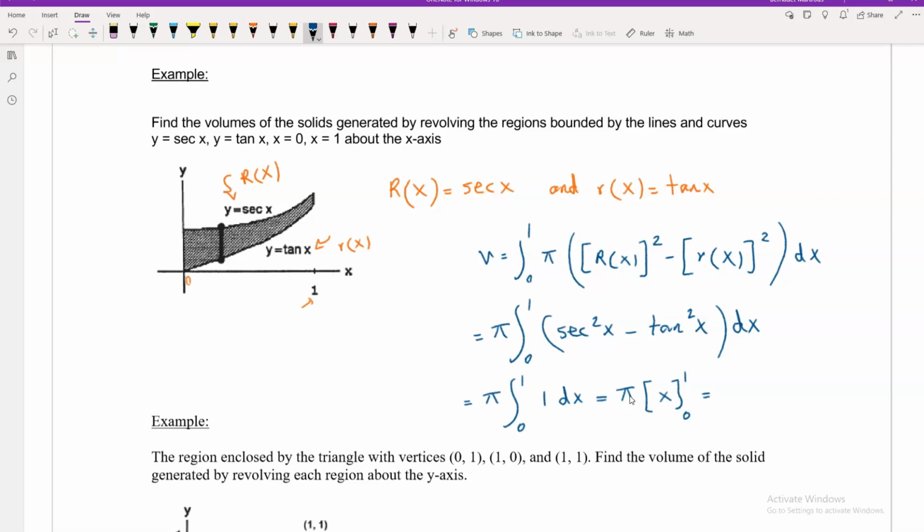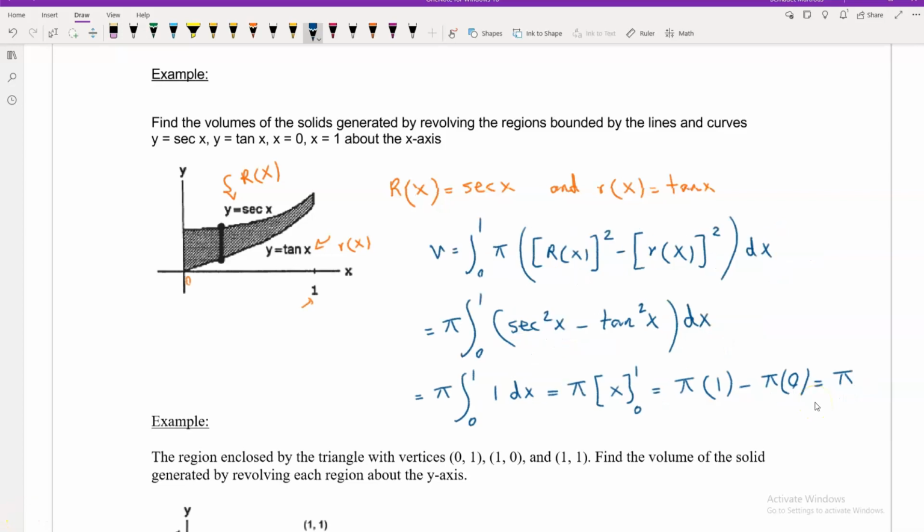So the answer is pi times 1, it is pi. So our final answer for this part, the volume, is equal to pi.